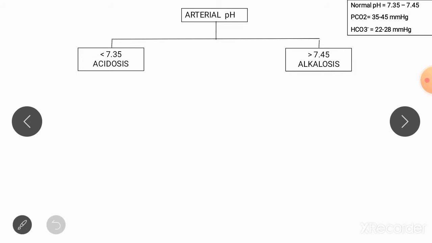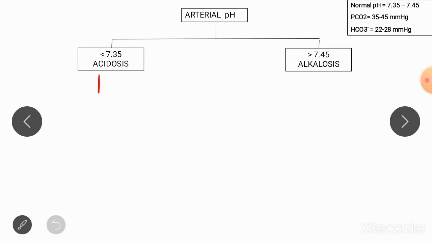You will immediately understand that this person is suffering from acidosis. Now forget about alkalosis. You know that your answer is some kind of acidosis. To determine which kind of acidosis this is, look at the partial pressure of carbon dioxide and the values of bicarbs in the blood.